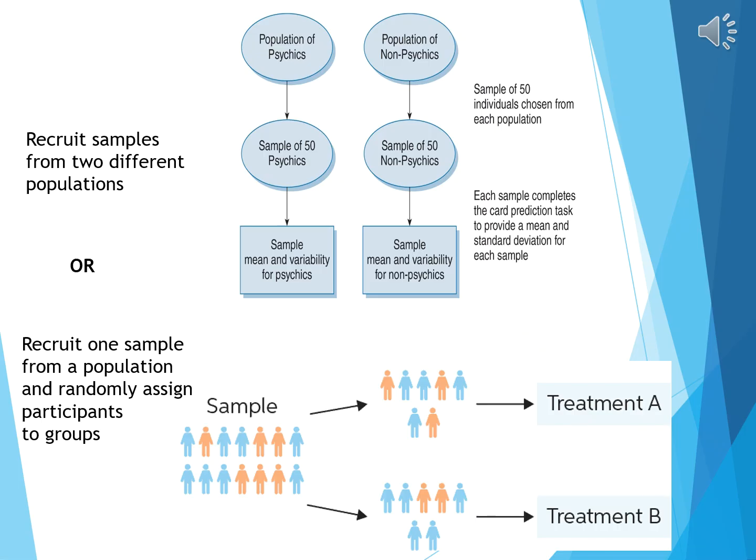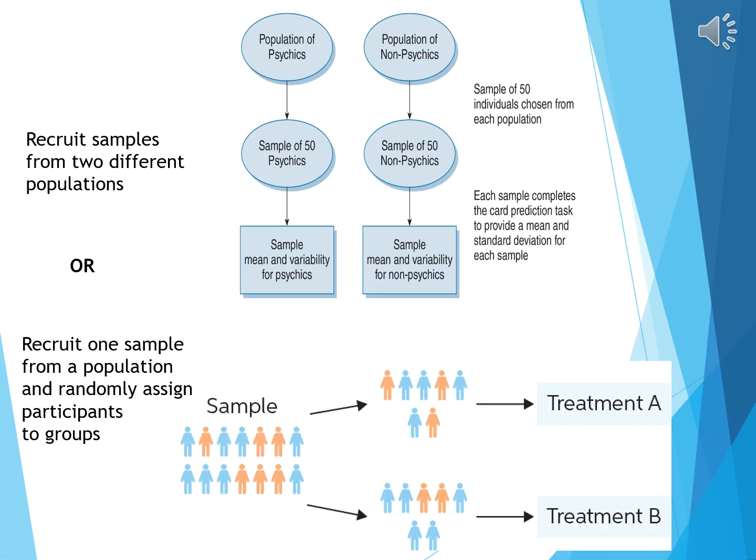So these diagrams speak to those two different flavors of between subjects designs. In the top one, you have two different populations and you're recruiting a sample from each of those populations that you'll then compare their means of, in this case, card prediction accuracy. Or you can just get one sample and then split that one sample into two different groups and have them go through different conditions, different situations, different treatments, different experimental manipulations, and then compare between those.